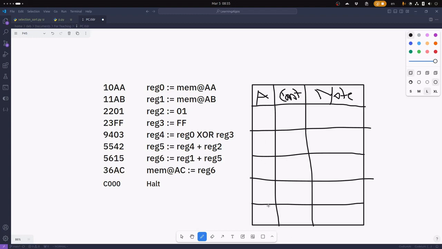In that case we can also say program counter values, but you don't need to care about that. Just write this as addresses, the second as contents, and the last as note. The note column will hold these values we got here.